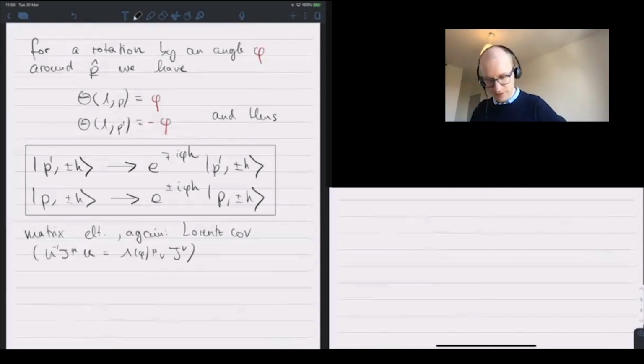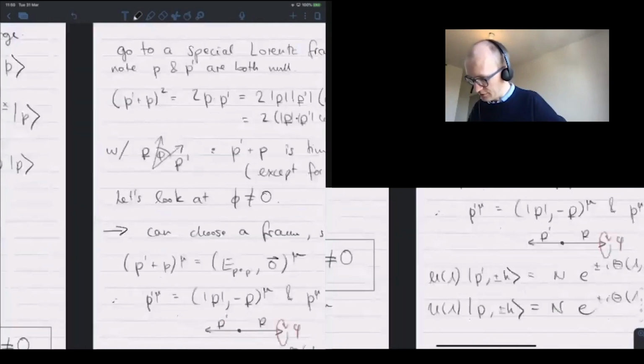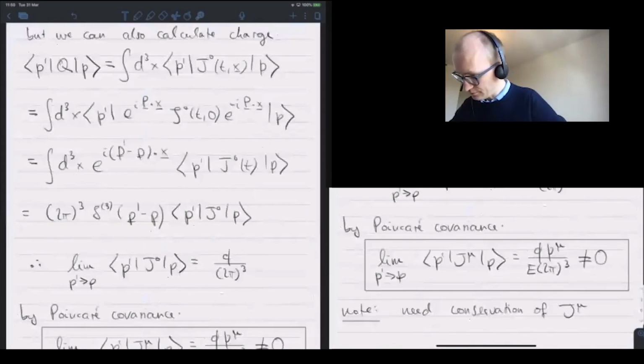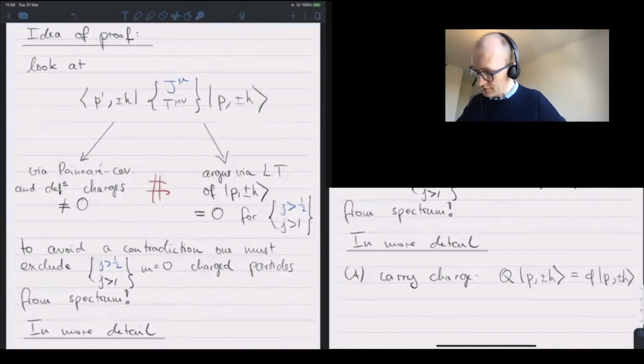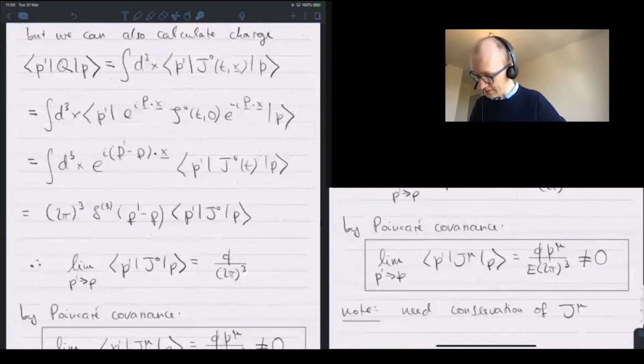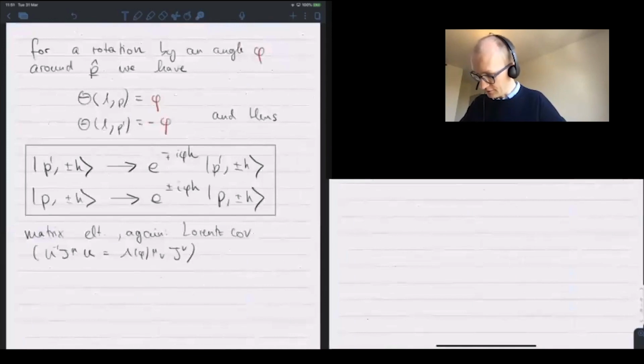So let's do that for the matrix element. If we do this inside the matrix element, so what's the matrix element? Let me just remind you. This matrix element, then of course I can act U inverse J mu U. I act with the U onto the P primed and onto the P. That's just the thing that we figured out, right? We just figured out how U acts on P primed. Gives us this.